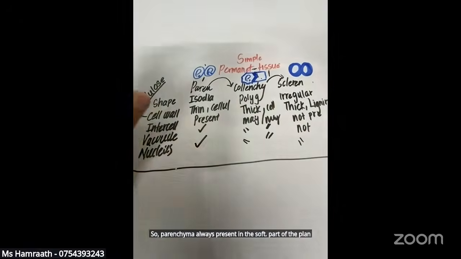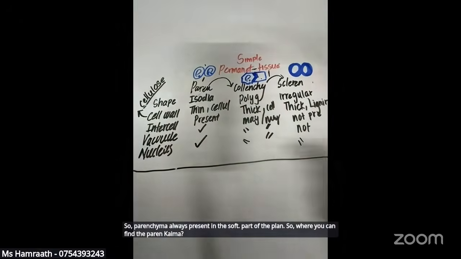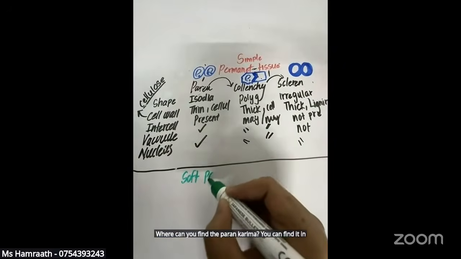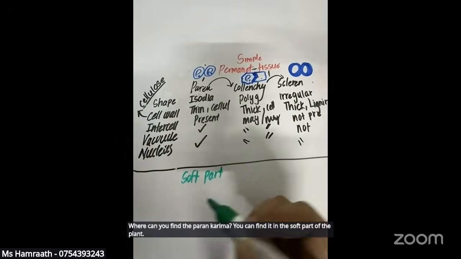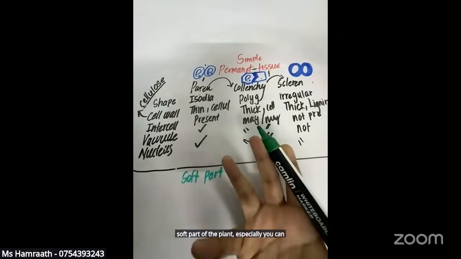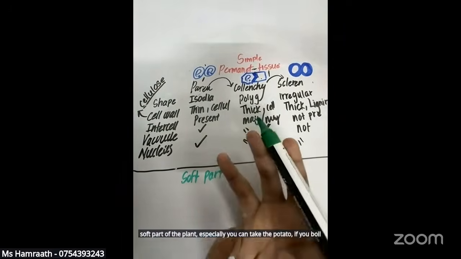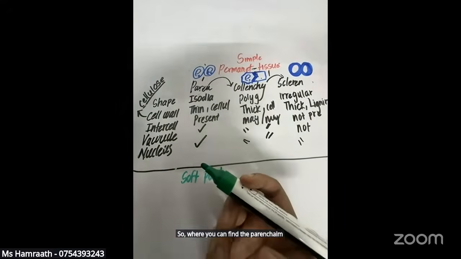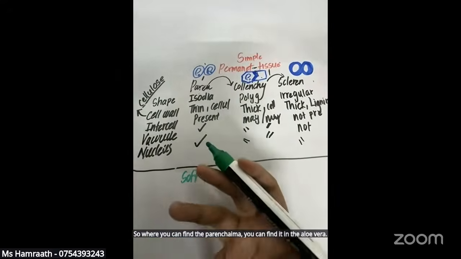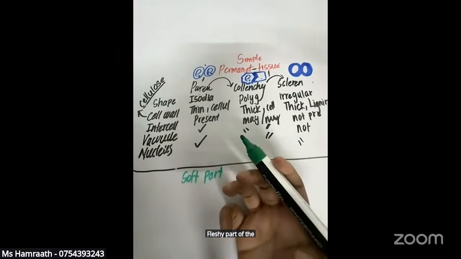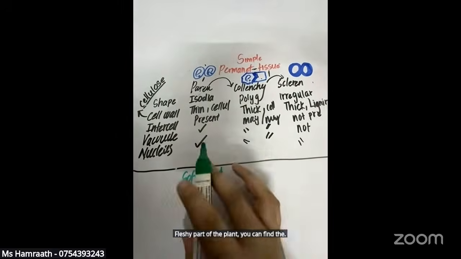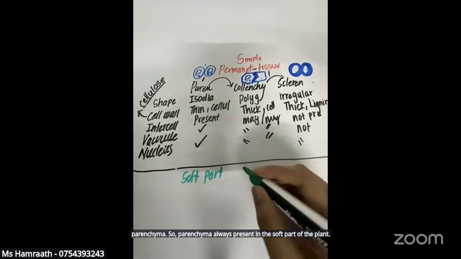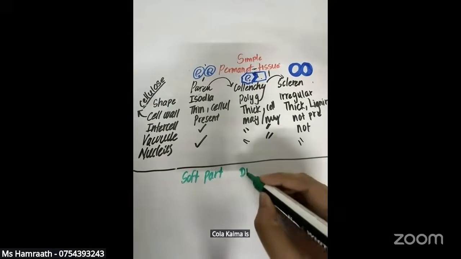Take the potato: if you boil it, it's soft, right? You can also find parenchyma in aloe vera, the fleshy part of the plant. So parenchyma is always present in the soft part of the plant. Collenchyma is present in dicotyledonous plants.